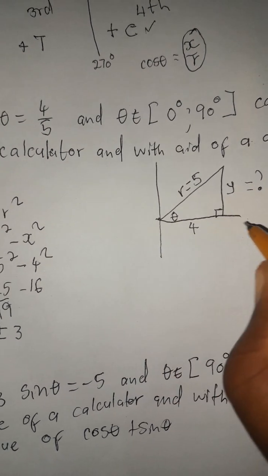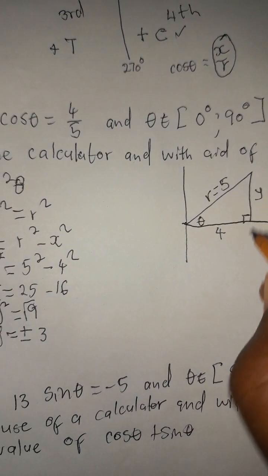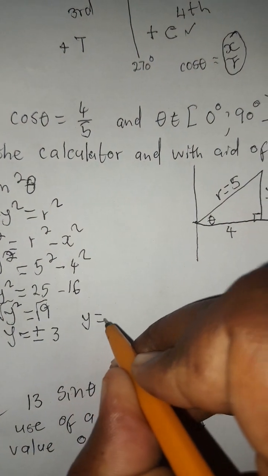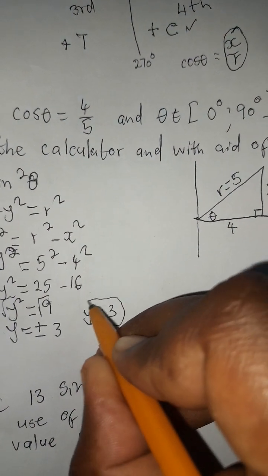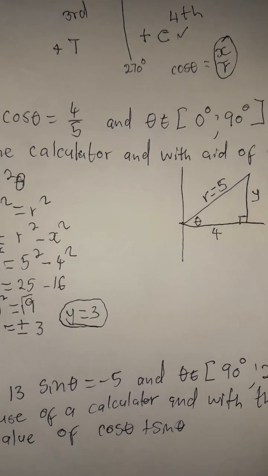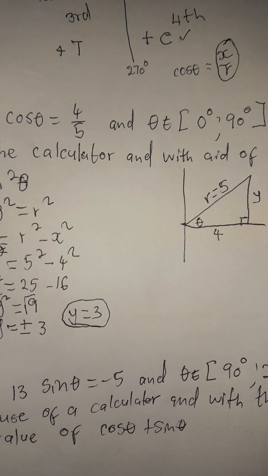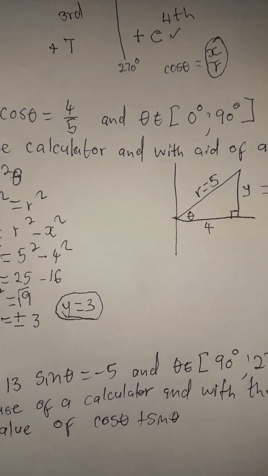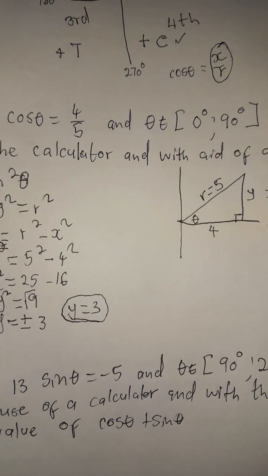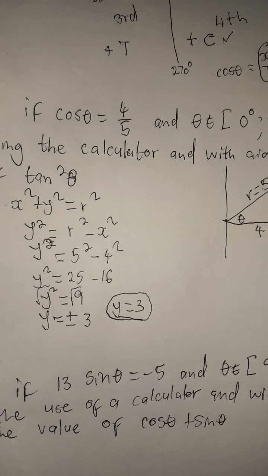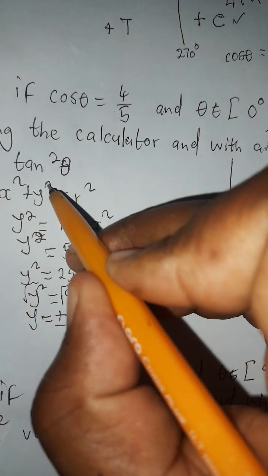Because we're working on the positive side, y is positive here, so we are going to take y as positive 3, not negative 3. So our solution is y is equal to 3. I hope I'm making sense. It's advisable that whenever you start the video, you pause it and do it yourself and then recheck yourself, right? So we are not done. They want us to find the value of tan squared theta.